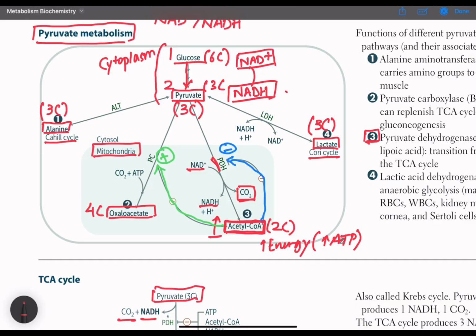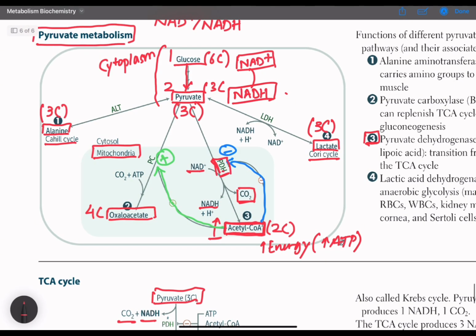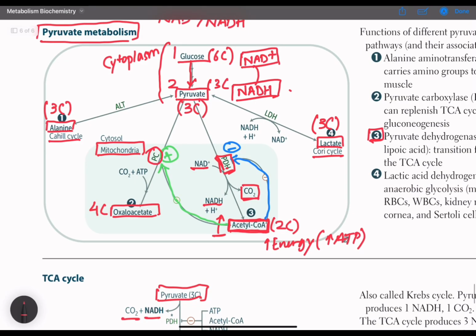This will lead to the inhibition of pyruvate dehydrogenase, because the cell already has a lot of energy and there is no need to convert pyruvate into acetyl-CoA. On the other hand, it leads to the activation of pyruvate carboxylase, which converts pyruvate into oxaloacetate, and this goes on to develop into glucose, so gluconeogenesis occurs.